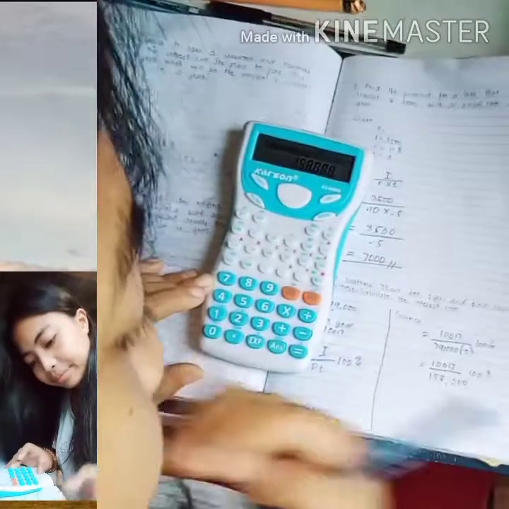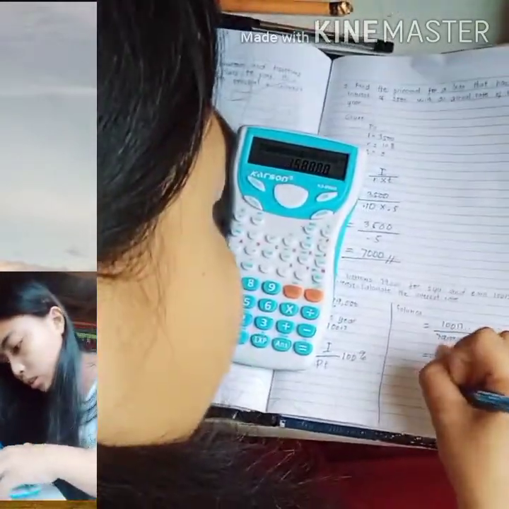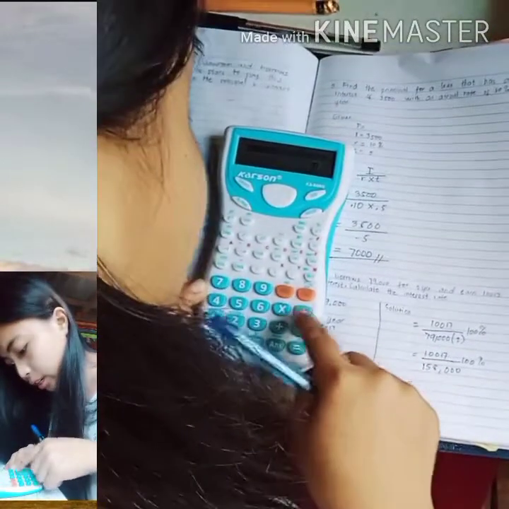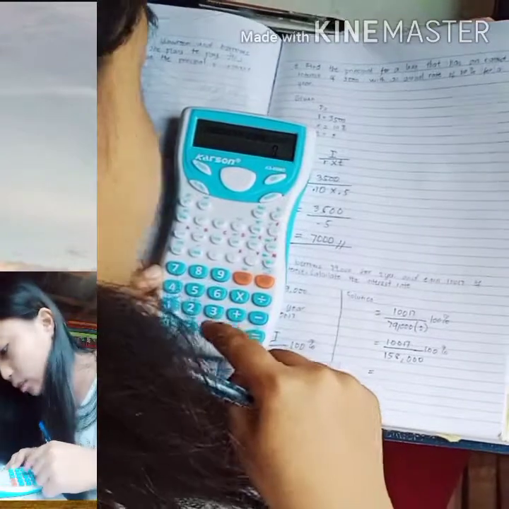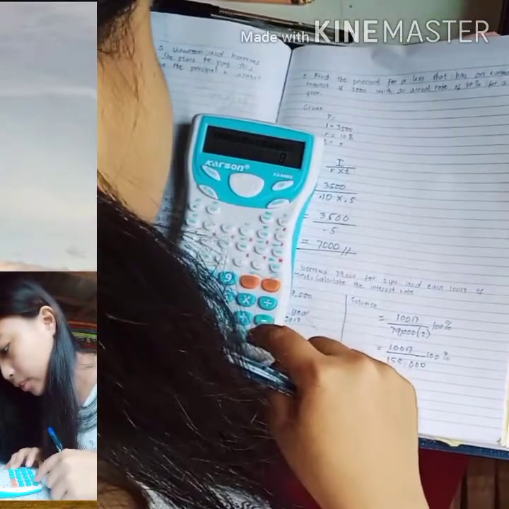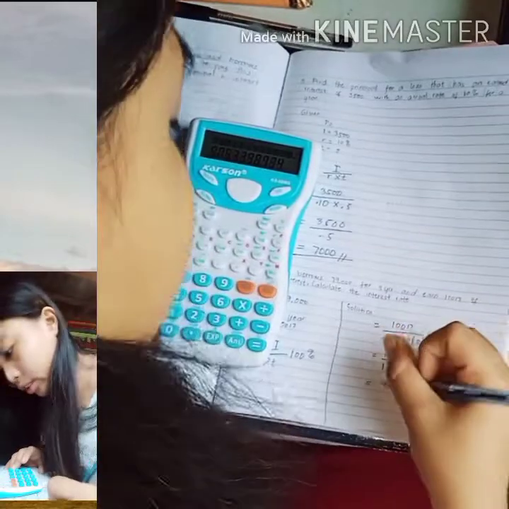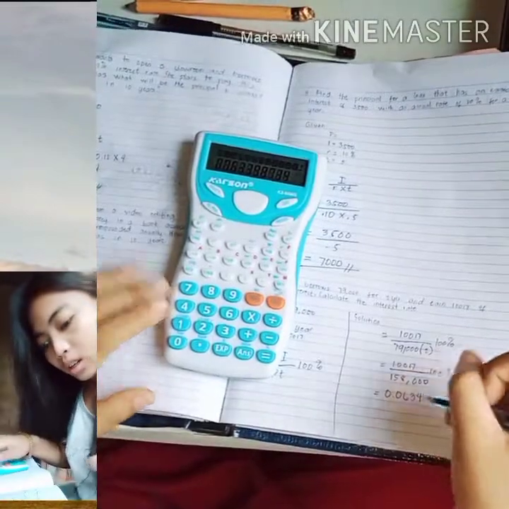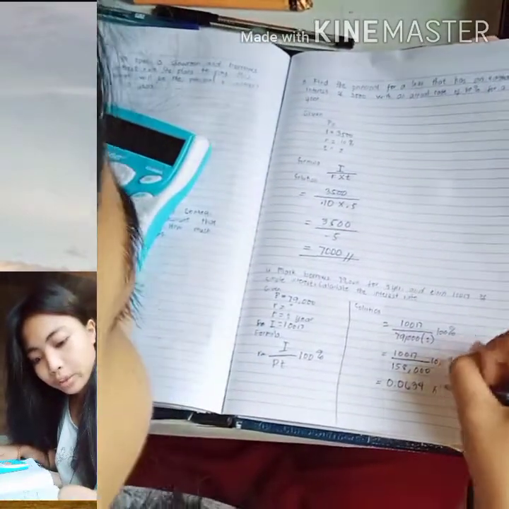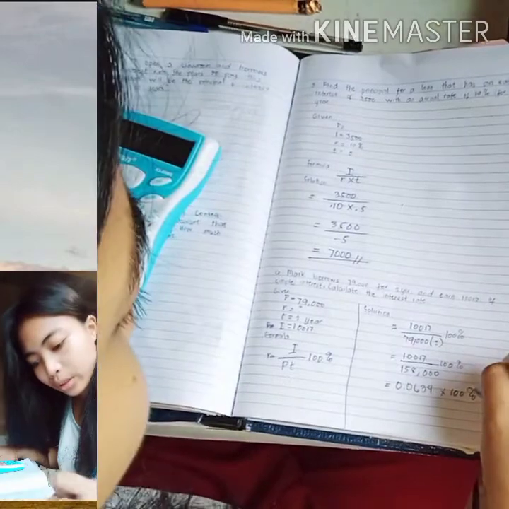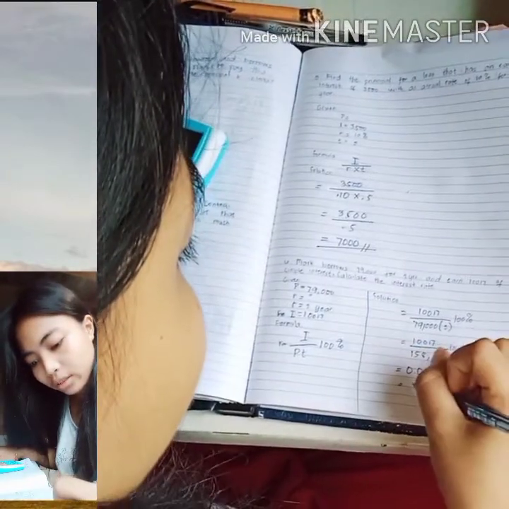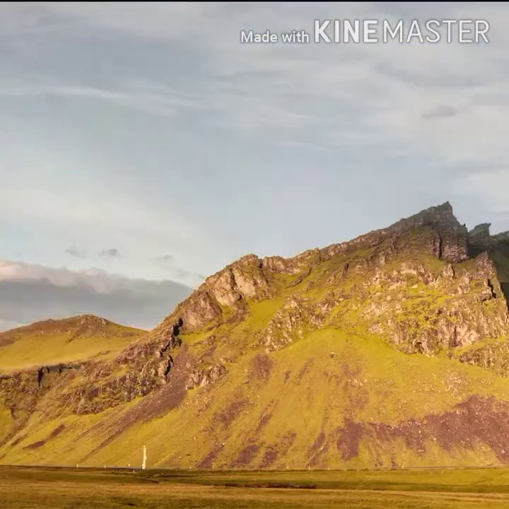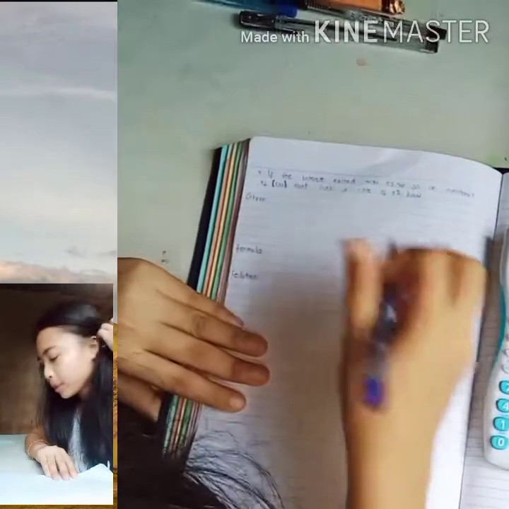All right. 1,017 divided by 158,000 is 0.0634 times 100%. It becomes 6.3, and it is our final answer. 6.3 is our final. So let's move on to problem number 7.